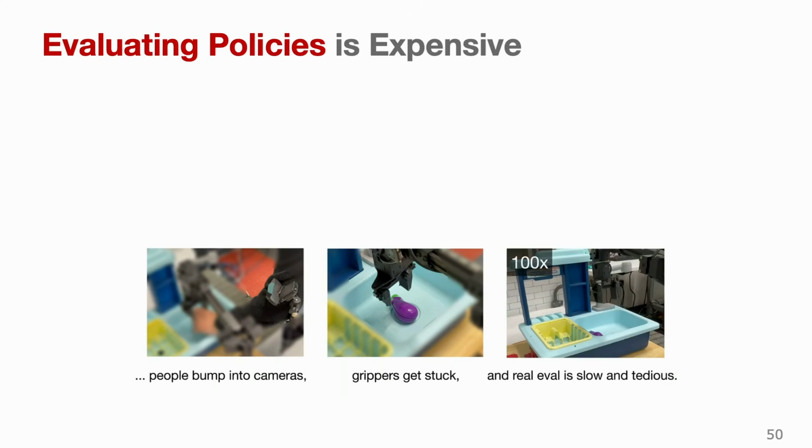Then also hardware failures. I think I saw some people already had hardware failures. How many people had hardware failures? Oh my God. All right, lots of hardware failures. So that's another thing. Maybe you collect some data, and let's say your policy has proprioceptive input, and now you have to do some surgery to save your robot.